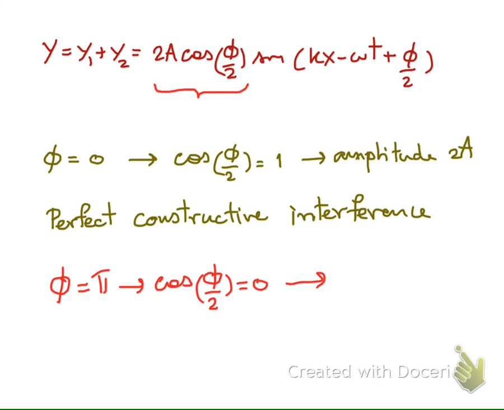So the amplitude of the resulting wave is 0. The amplitude is 0, so the resulting wave vanishes.